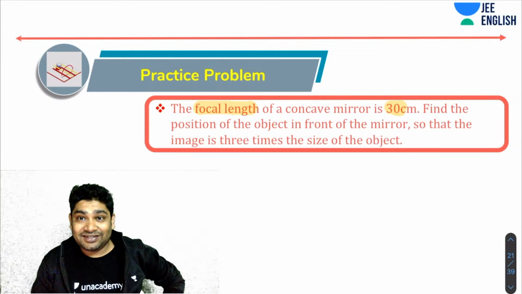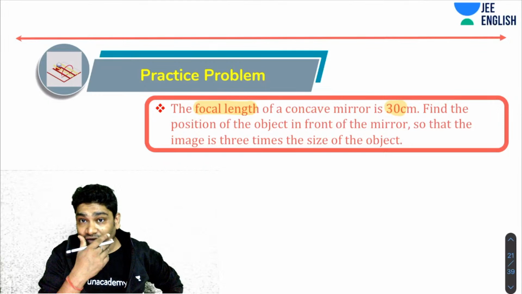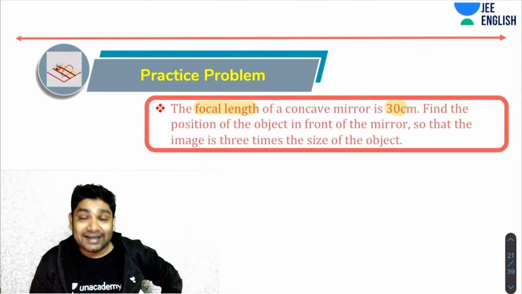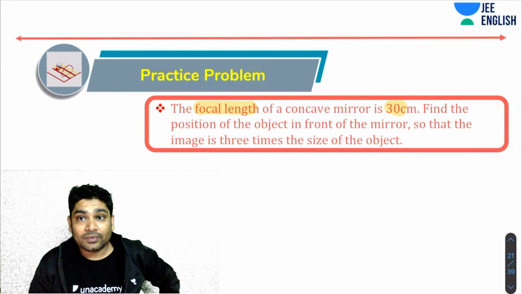Next, what you're being told is the position of the object in front of the mirror so that the image is three times the size of the object. Okay. So try this. Let's see if you can figure this out.